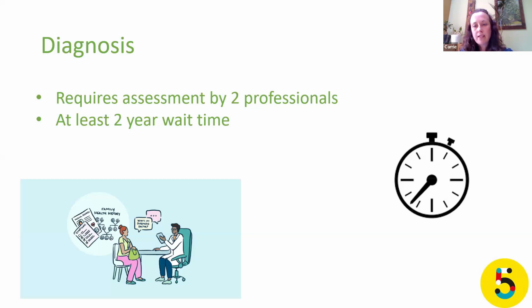In Bristol, they've recently introduced an autism hub that carries out the assessments for autism. Again, this has been a way that the health services have been working to try and help bring down those really long wait lists. Currently, children being referred for autism have at least a 2-year wait time before they're able to be seen, and for some children it is estimated that it will be much longer.